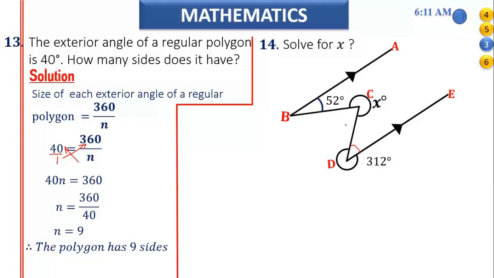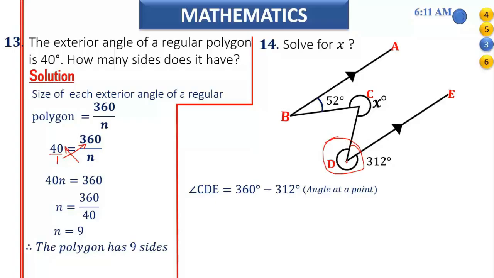From what you have here, you can see your angle CDE is going to be 360 minus 312. How did you arrive at that? That's an angle at a point. So 312 plus CDE is going to be 360, because this angle here is an angle at a point.